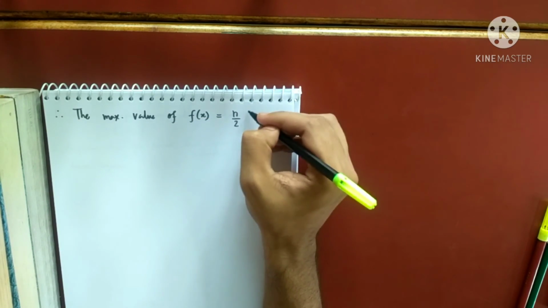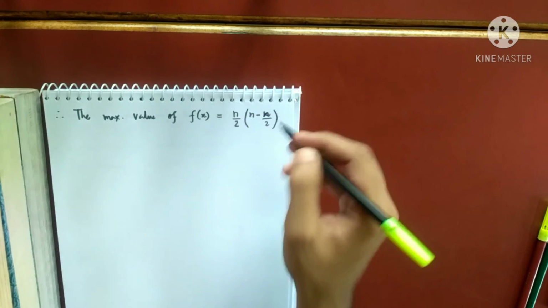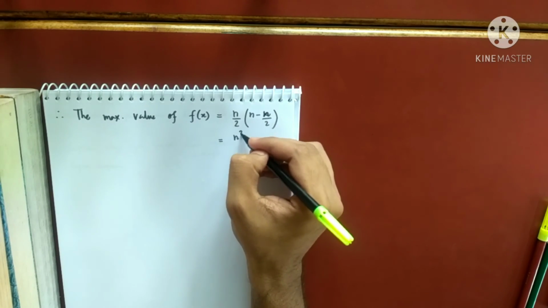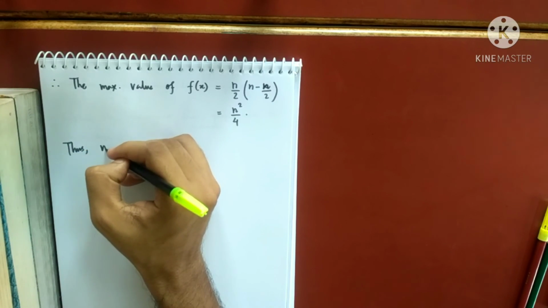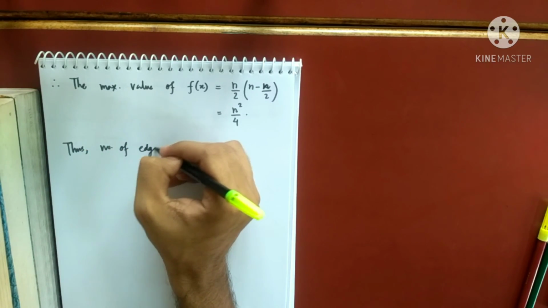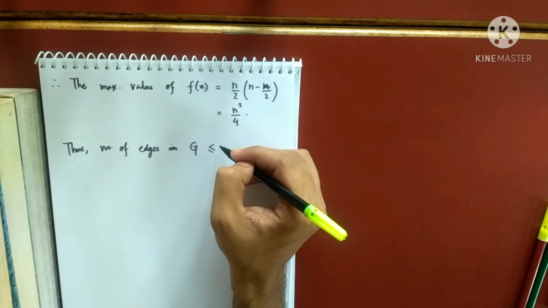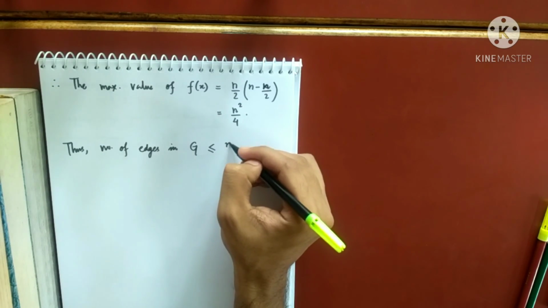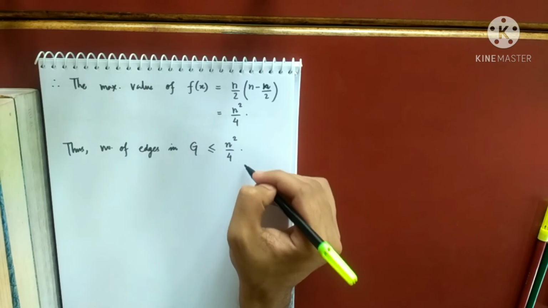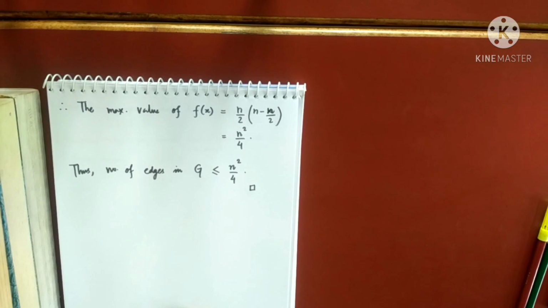So x into n minus x, where x is n by 2, gives n by 2 into n by 2, which is n squared by 4. Thus, the number of edges in G was less than or equal to x into n minus x, but that is less than or equal to n squared by 4. So the number of edges in G is less than or equal to n squared by 4. Understood or no?